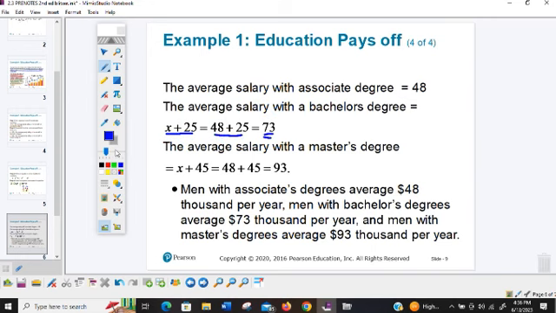Now we have the bachelor's degree. For the master's degree, it was the associate plus 45. Okay, so we do 48 plus 45 and we get 93. So they get 93,000 per year. So this gives us the salary based on first solving for the associate degree based on the hints. We got an equation, we solved, and then we went back and solved for every single one.